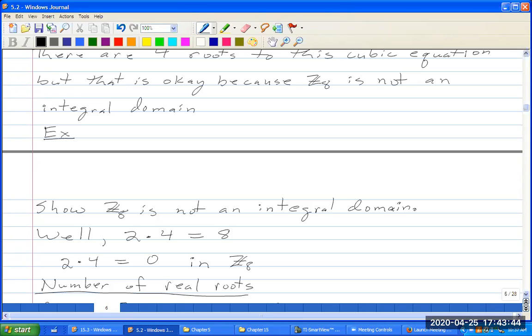But let's look at Z8. 2 times 4 is 8. So therefore, 2 times 4 is 0 in Z8, but neither factor is 0. So the zero factor property does not hold for Z8, meaning it's not an integral domain.